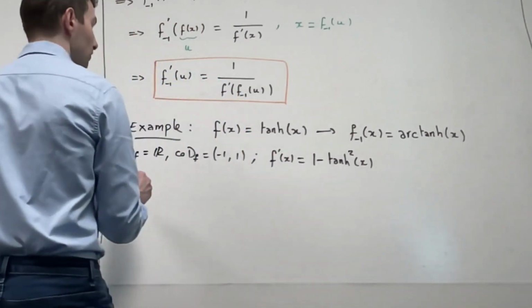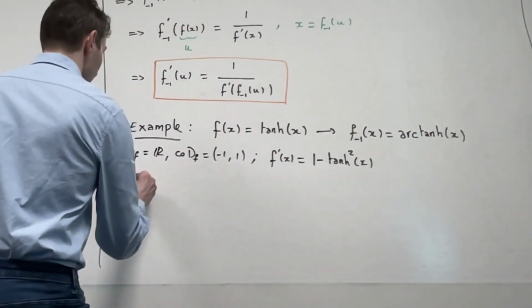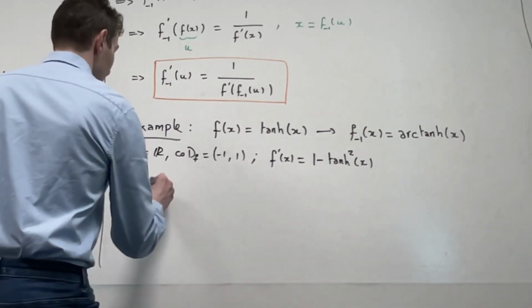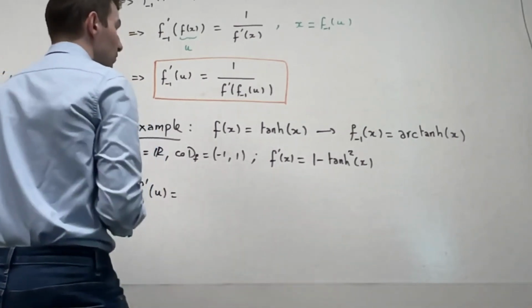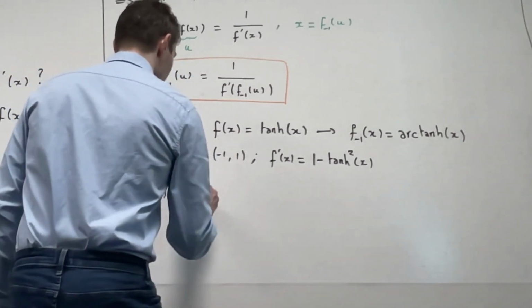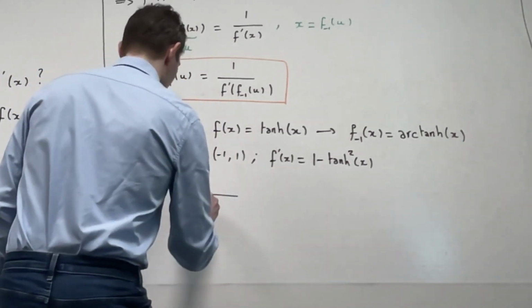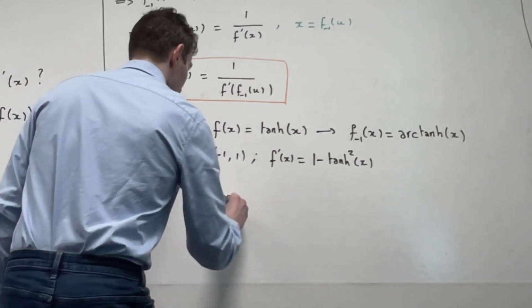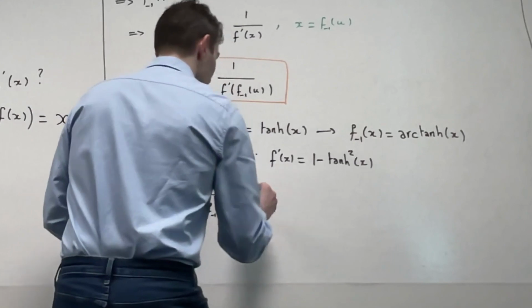So now we've got f prime of x, and so what we are going to do is the following. So we apply the formula. So f minus 1 prime of u is equal to 1 divided by f prime of f minus 1 of u. So let's actually put that in.